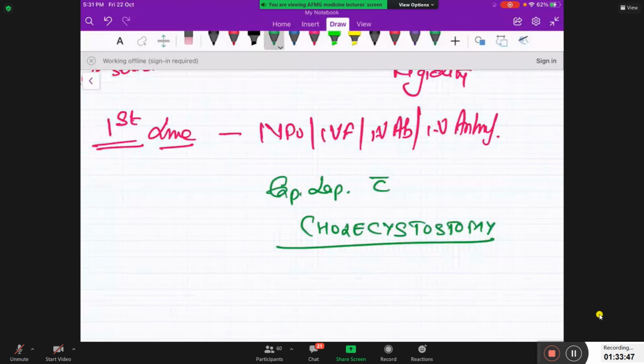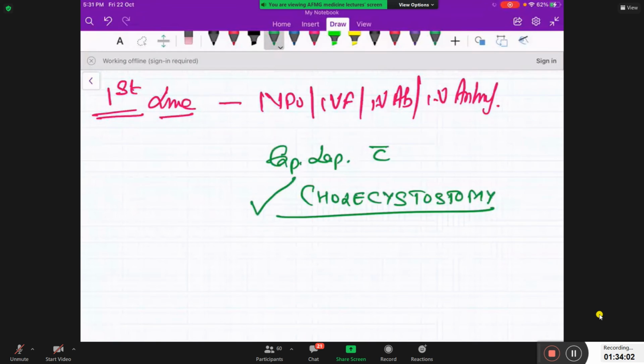Right? We will put a drain in the gallbladder and let that drain be out from the abdominal wall, which is called cholecystostomy. Laparoscopy नहीं है, laparotomy है. Laparotomy means opening the abdomen, then closing it.